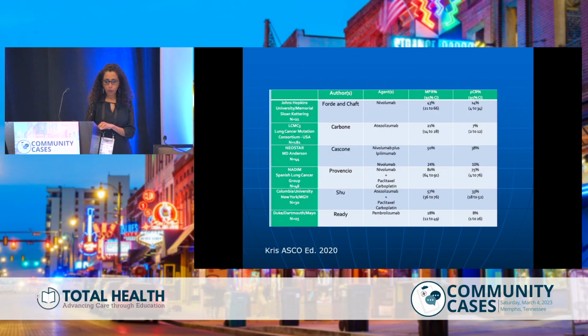There are a multitude of studies that have looked at the neoadjuvant setting in particular. The initial studies were small, N of 21. These studies showed that the pathologic response, which correlates for the most part with final outcomes, can be significant with the addition of immunotherapy. Just with single agent nivolumab, the small study that was done at Johns Hopkins and MSK showed that the major pathologic response was 43% and a complete pathologic response was 14%.